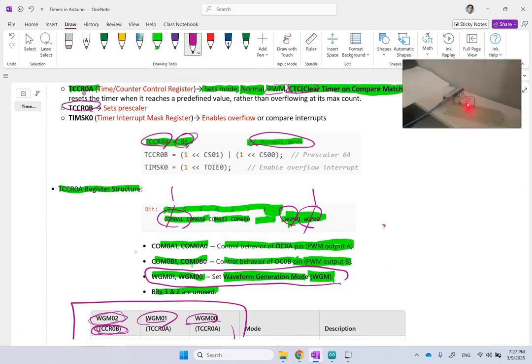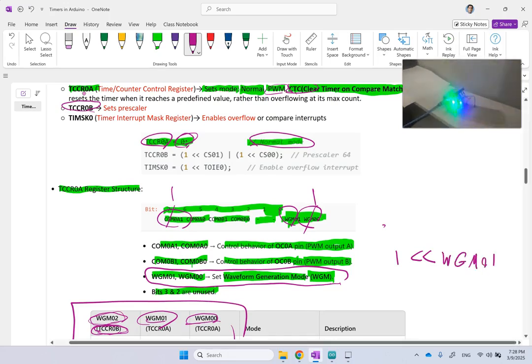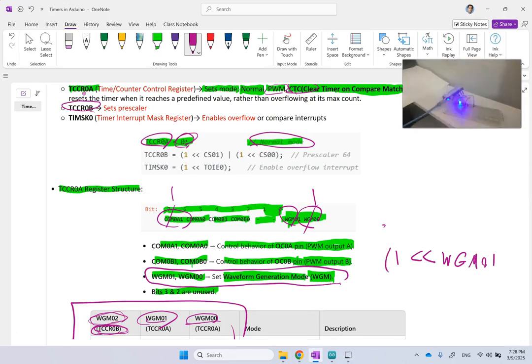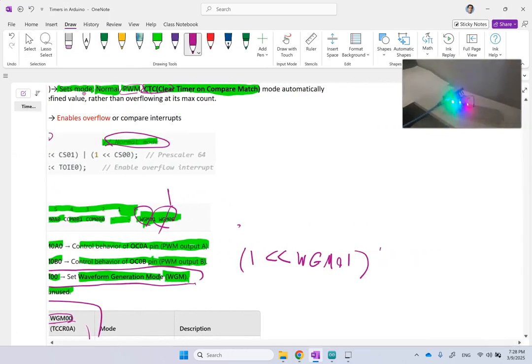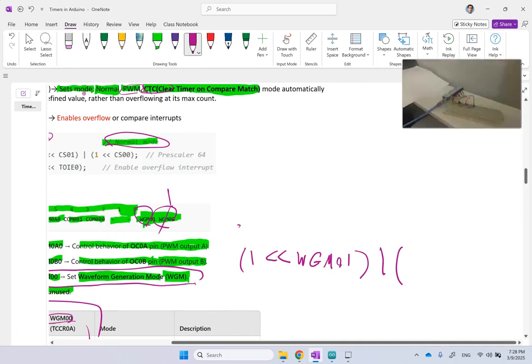Okay, so if you want to turn any of these bits to 1, use a left shift bit operator with the 1, whatever that you want. So let's say WGM01. That means setting it to 1. And if you want to bring another one and set that one also to 1, use the OR operation. So you say OR, let's say for instance I want this guy, COM0B0.